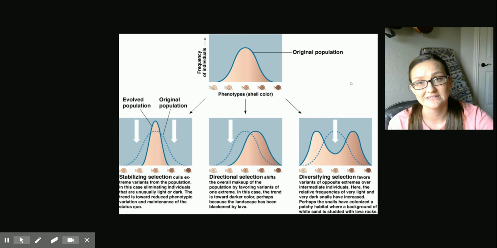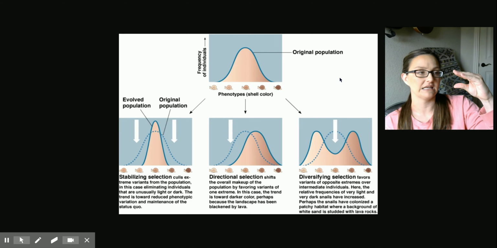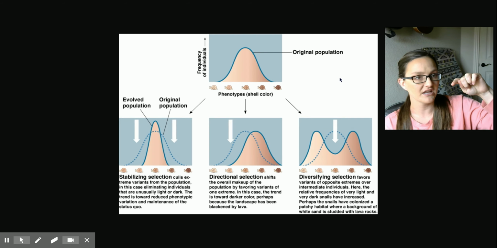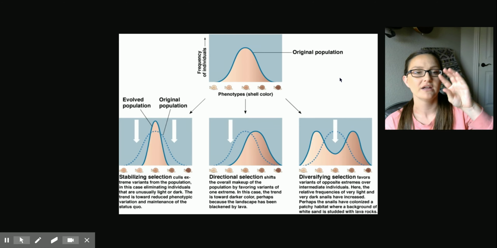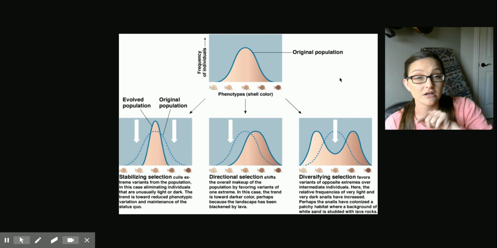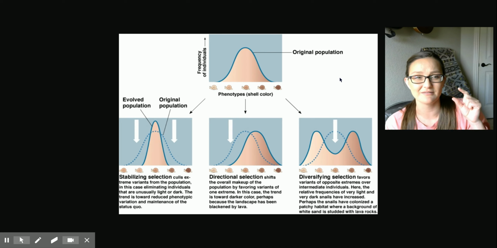Now, the other food source that's prevalent on that island is really, really narrow flowers. So the opening's not very big, and the nectar is way down in there. And so they have to have really long, skinny beaks to get back in there. They call them needle nose plier beaks. Ding, ding, ding.